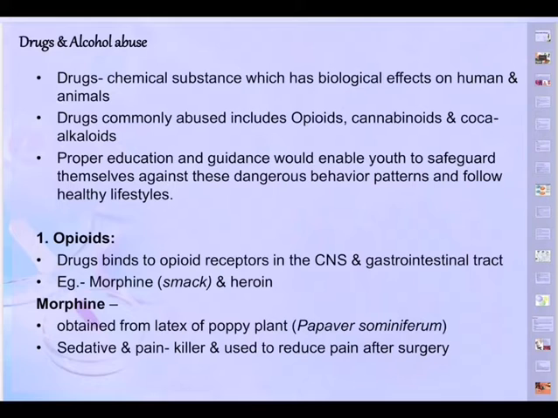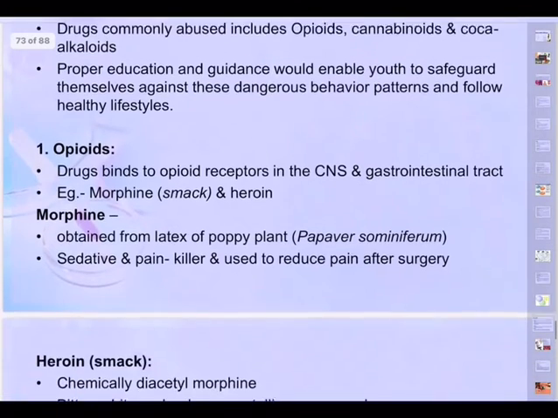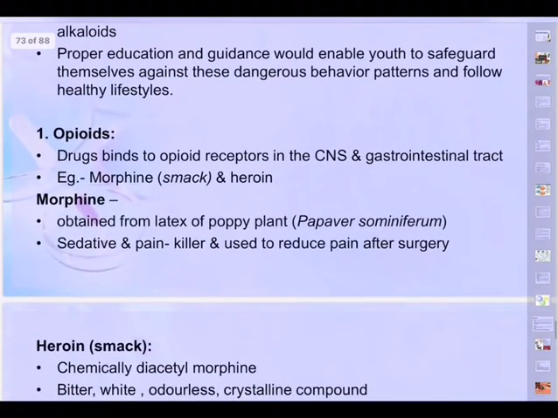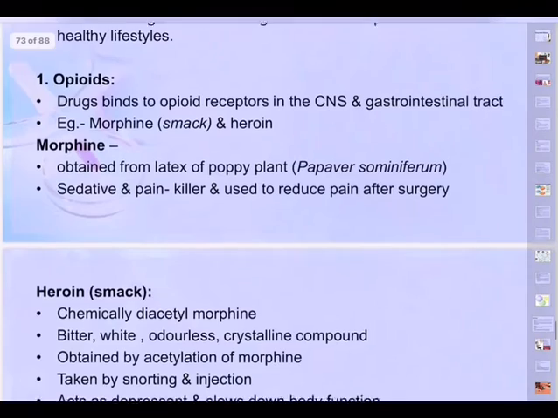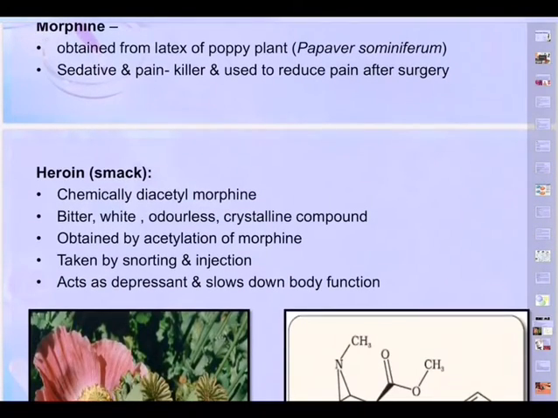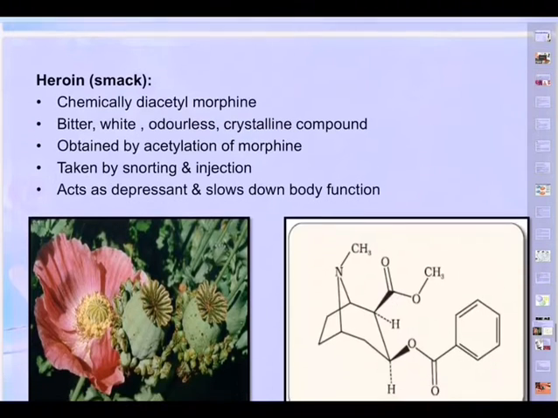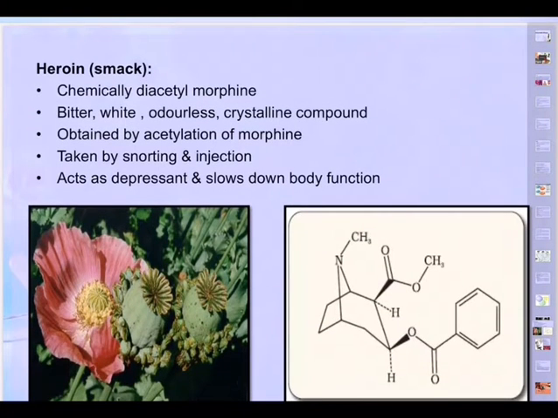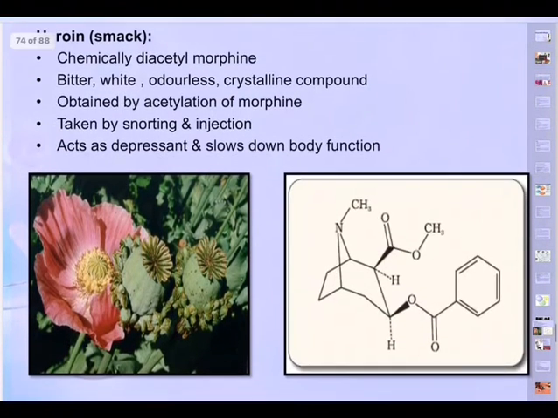So types of opiates: you have natural opiates like morphine and codeine, semi-synthetic opiates like heroin and smack, and synthetic opiates like methylphenidate and methadone. So these stimulate. You can see here the sedative and painkiller used to reduce pain after surgery, that's morphine. But remember, it is under prescription.